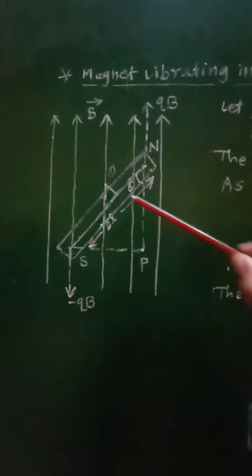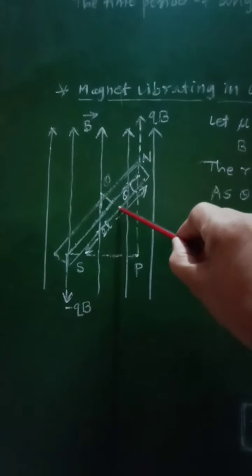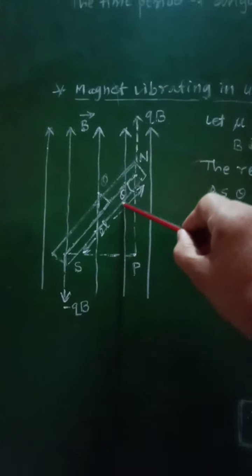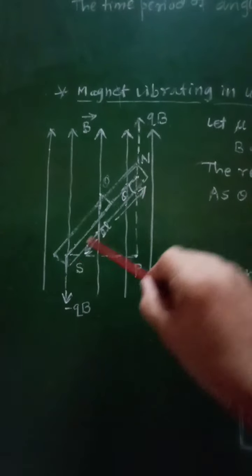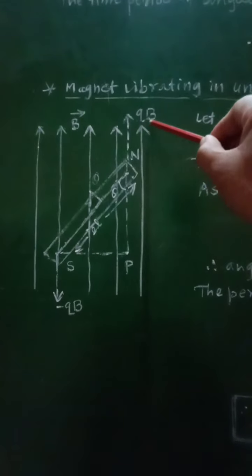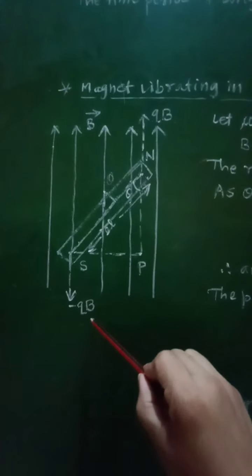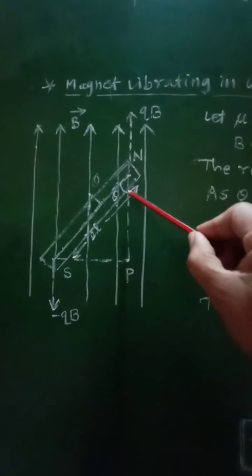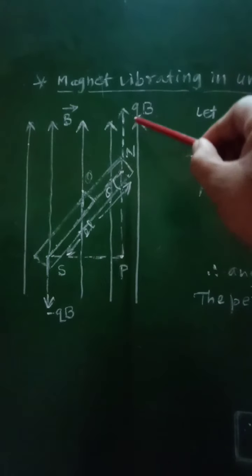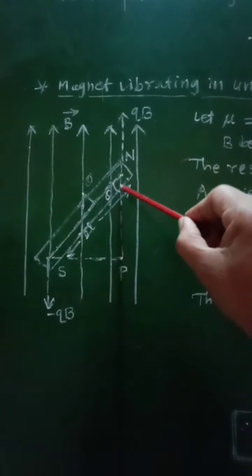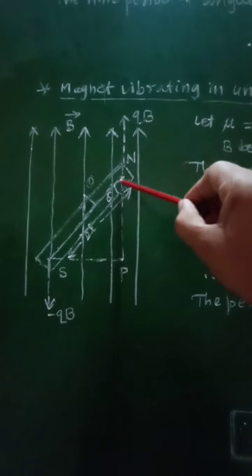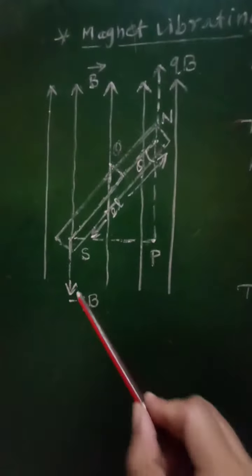Now when such a magnet is suspended in the magnetic field and displaced through some angle θ, both poles will be acted upon by forces, that is qB and −qB. Here q represents the pole strength of each pole, so qB is the force acting on the N pole, which is always directed along the magnetic field, while −qB is the force acting on the S pole, which is always directed opposite to the magnetic field.